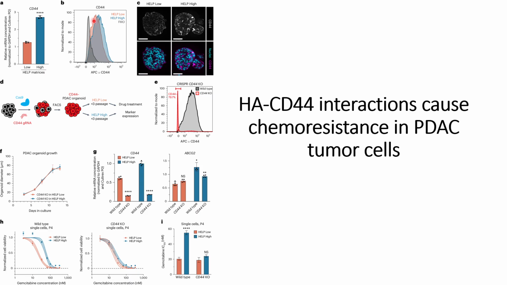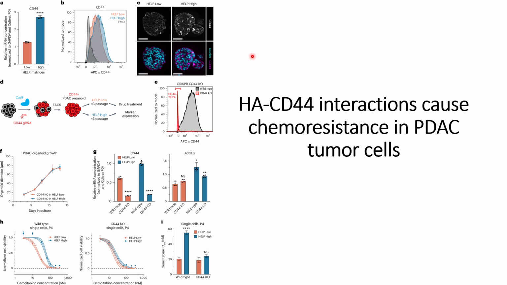And they validated this using immunostaining, where CD44 is labeled with a pink dye, where we can see that in the low HA matrices the CD44 expression levels are lower compared to the high HA matrices, where CD44 expression levels are higher.